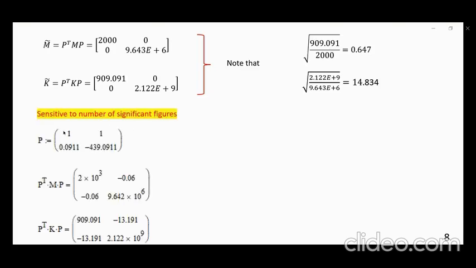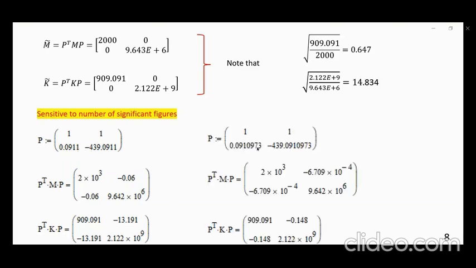Now, there's something I want to show you here. In fact, I wrote m tilde and k tilde like that, as if these were 0. But if you, for example, use not the exact value for the modal coordinates, these mode shapes, but for example 0.911, etc., 4 digits after the decimal point, you're going to get something like that.